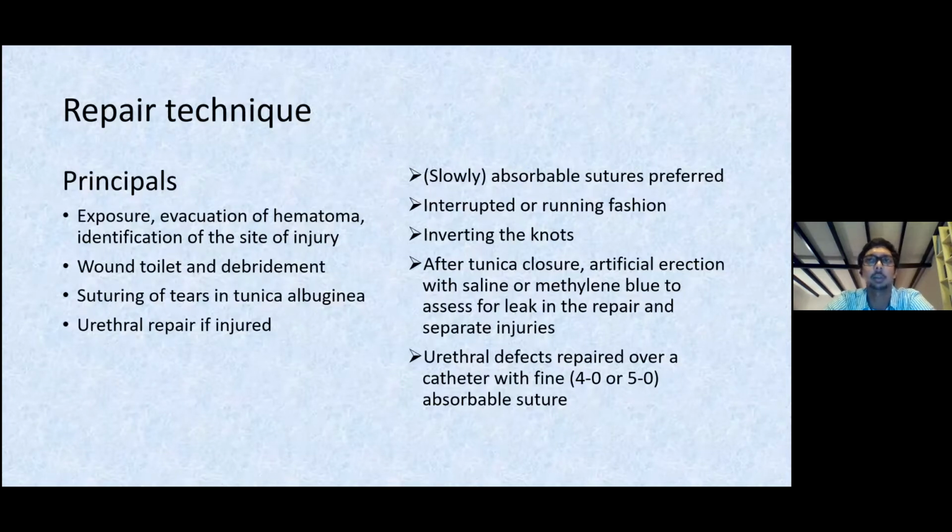But I don't think there is an absolute contraindication for non-absorbable. Interrupted or running, they have not shown any benefit.